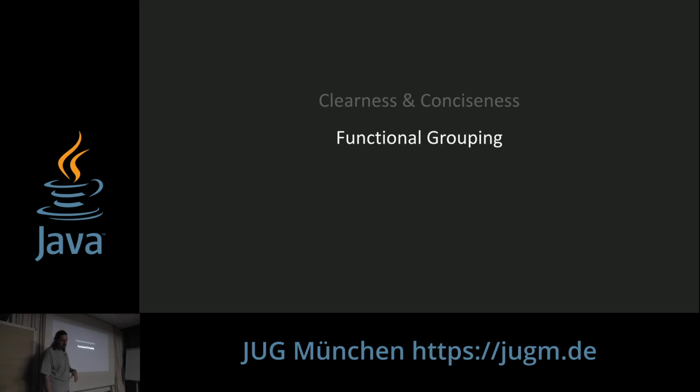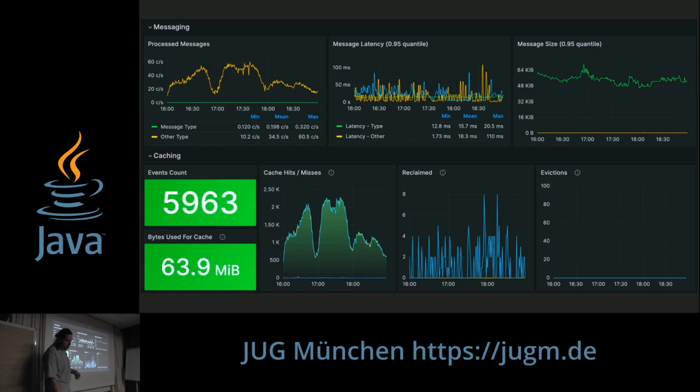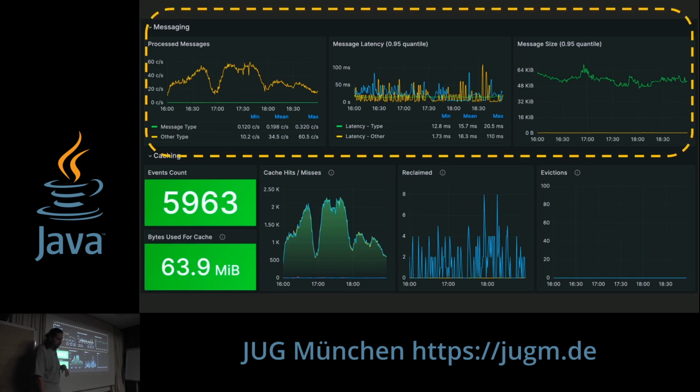Then functional grouping. Often it's not a good idea to mix things in any area. In monitoring as well, you don't want to jump between different topics. With grouping, you want to organize your story one by one. For instance, here we have a separate group for messaging, and we have multiple panels that tell you the story.